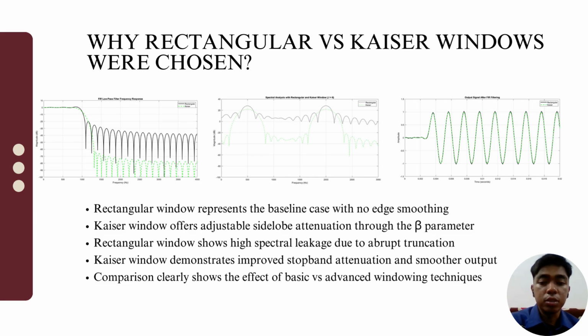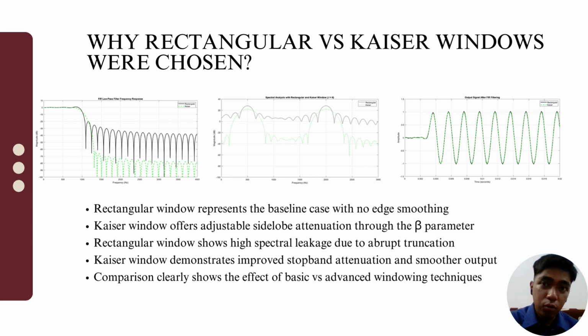You can see both the rectangular and the Kaiser filters successfully cleaned the signal, leaving the smooth 500 Hz sine wave. The lines overlap almost perfectly because the noise frequency at 2000 Hz was far enough into the stop band.